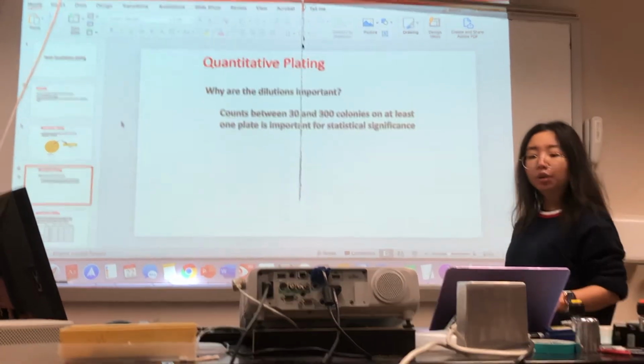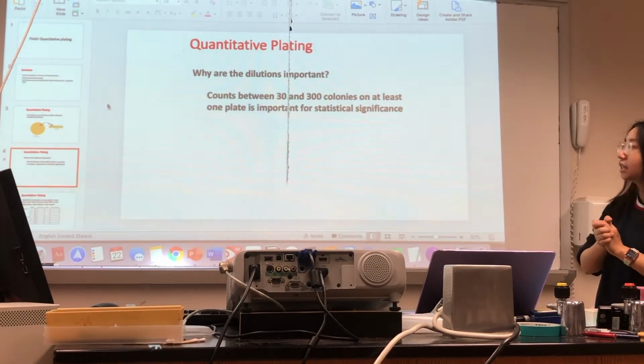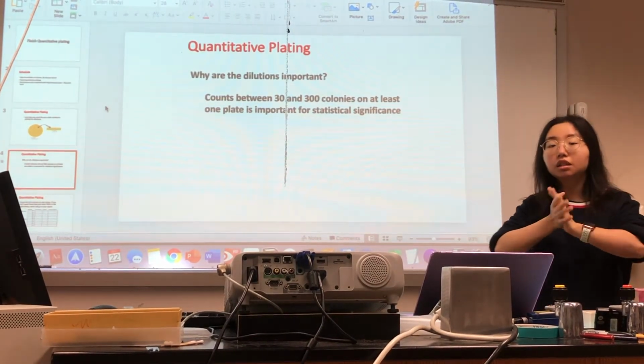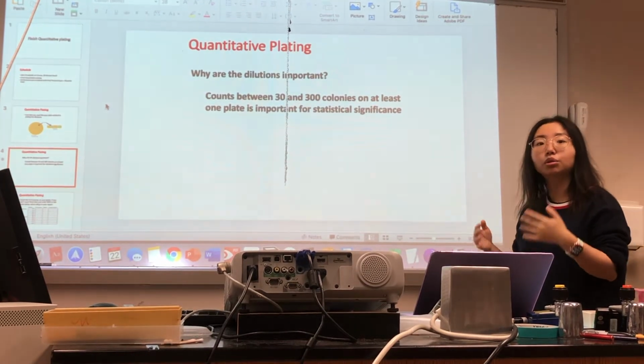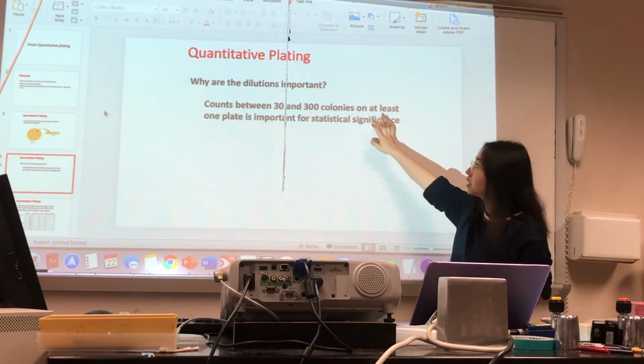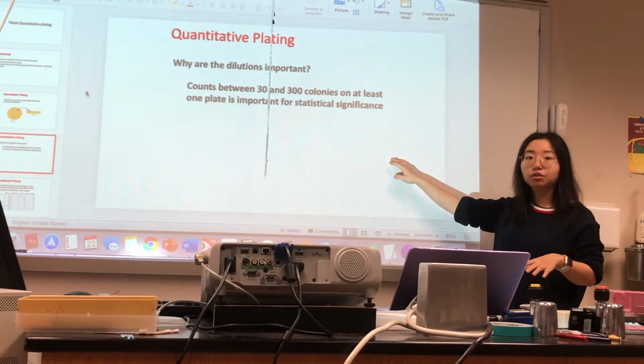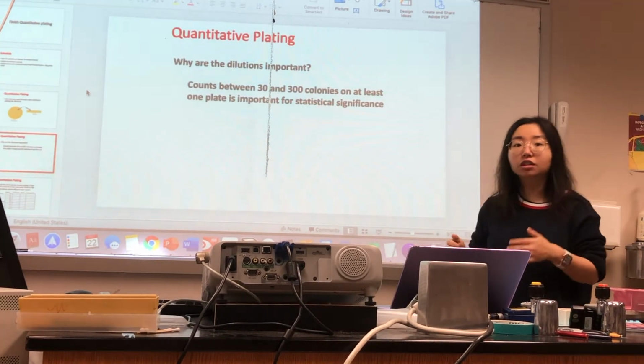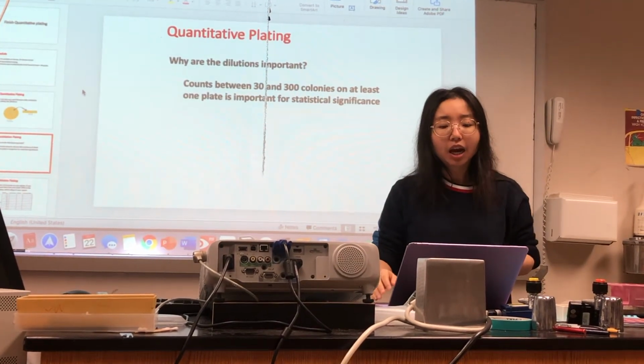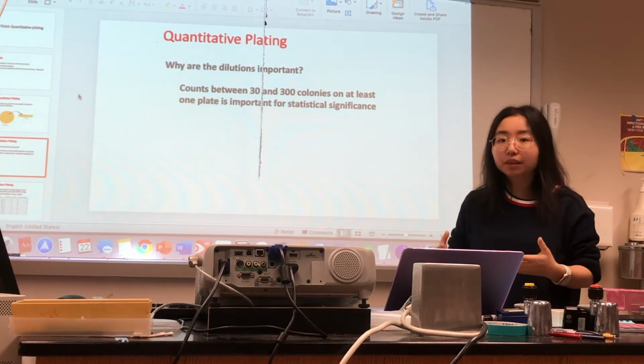Another thing we want to say is that we want to count the cells between 30 and 300 colonies on one plate. This is really important for statistical significance, and we are going to find the best plate to count.